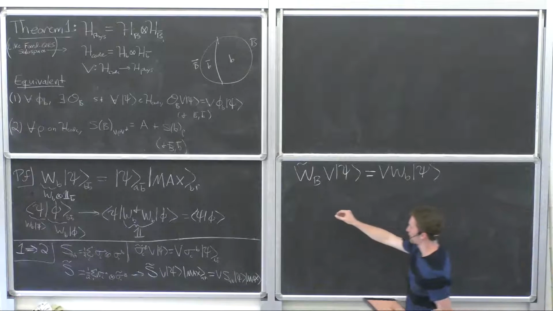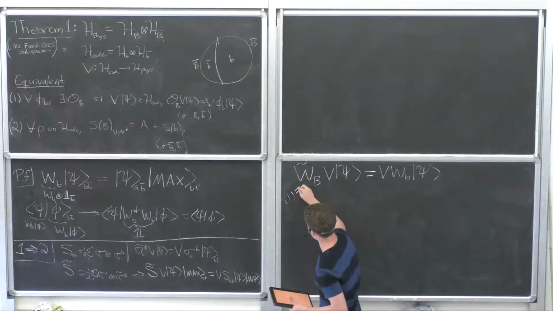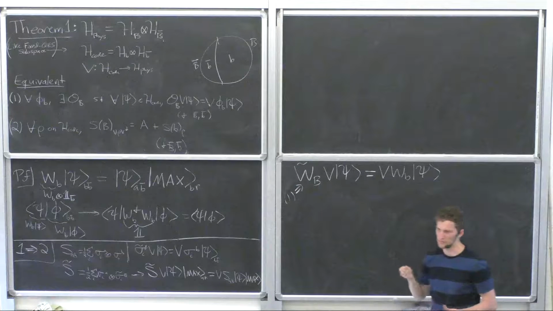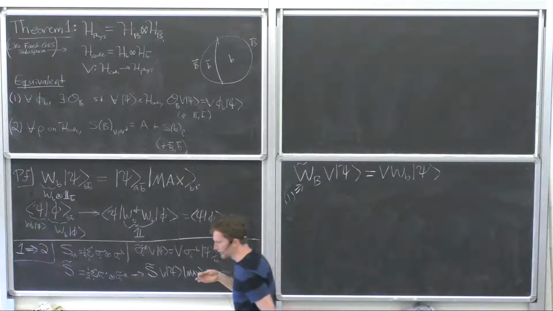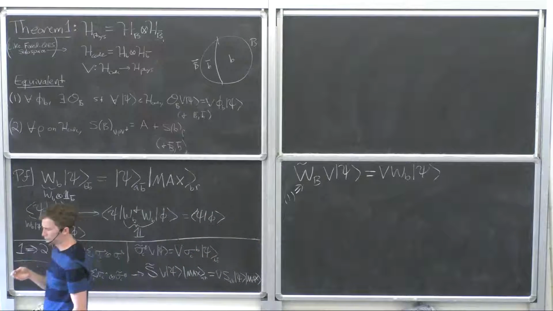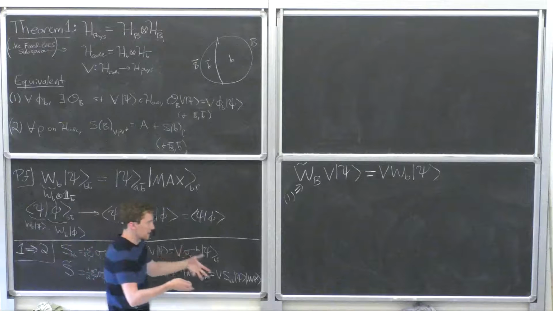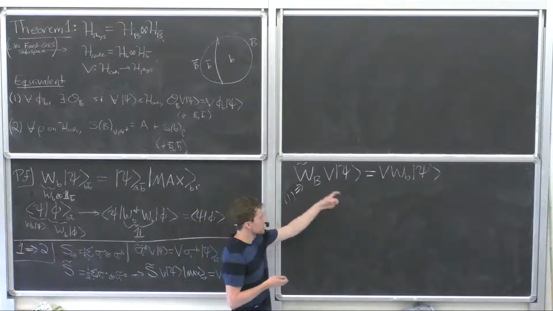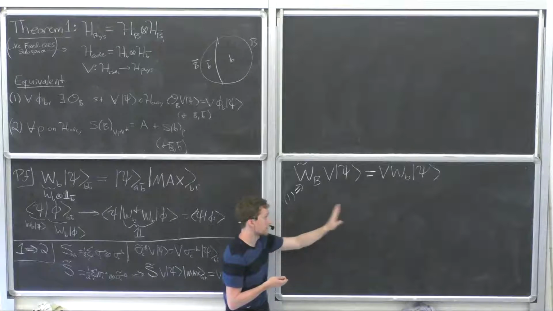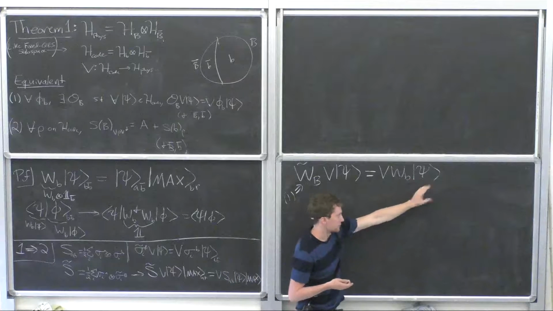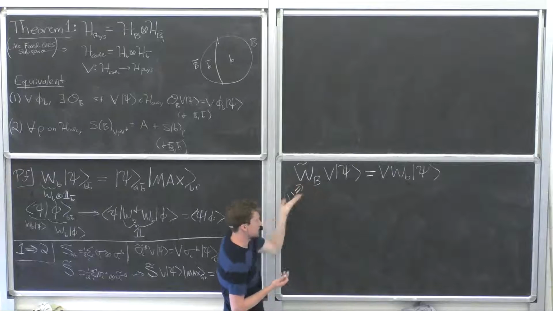So 1 implies that this guy exists. It does the same job. So it's some operator acting on capital B that does the same job. And you can also prove that it's an isometry. So just like we saw W little b was an isometry acting on little b, this is an isometry acting on capital B.